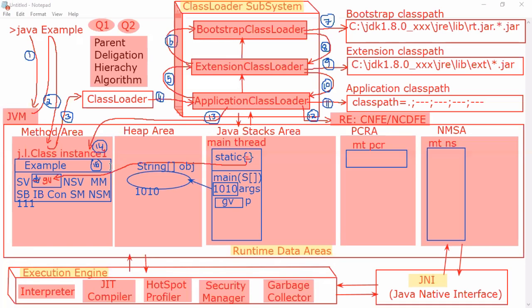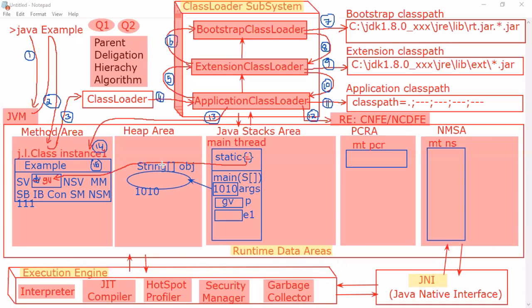Now assume that this loaded class, the Example class object, is created: Example e1 = new Example. Then the e1 variable memory is allocated here, because e1 is created inside a method, so it becomes a local variable. Now after the e1 variable memory is created, its object should be created.